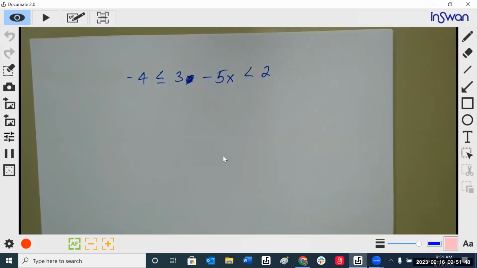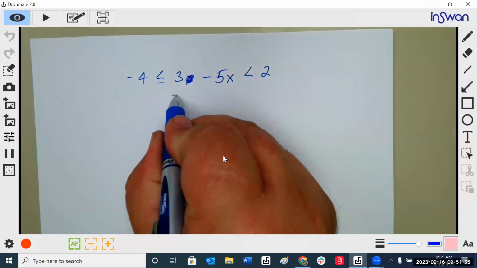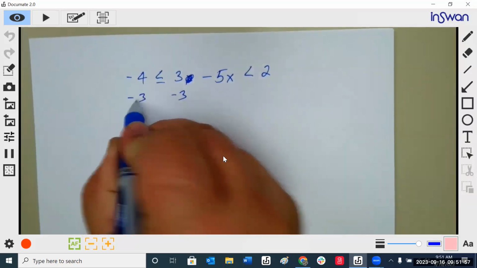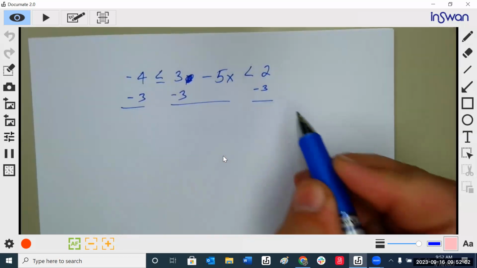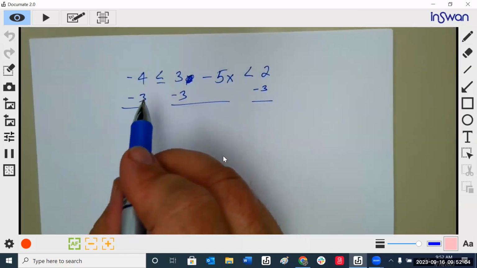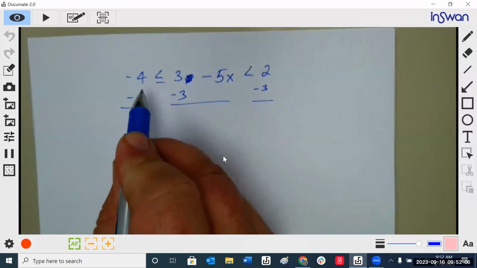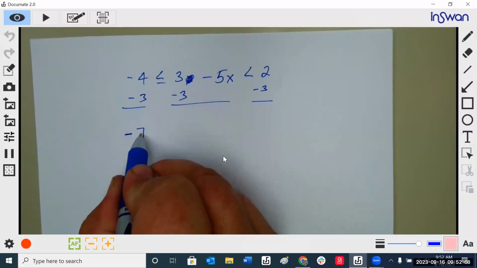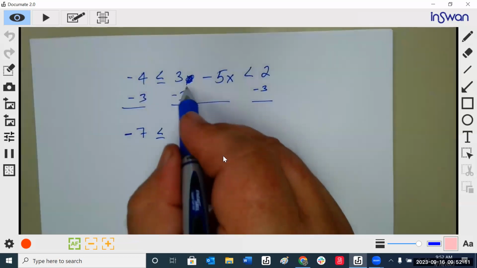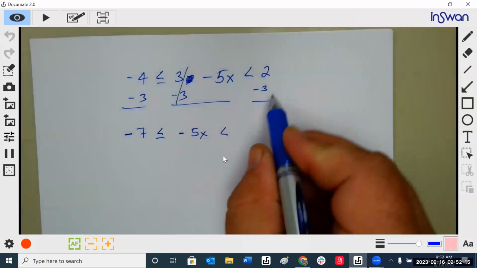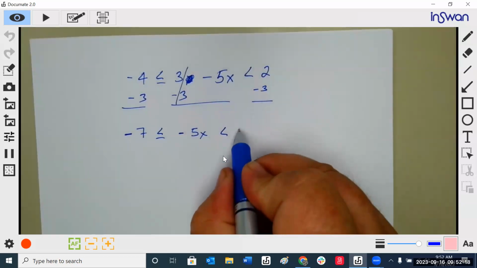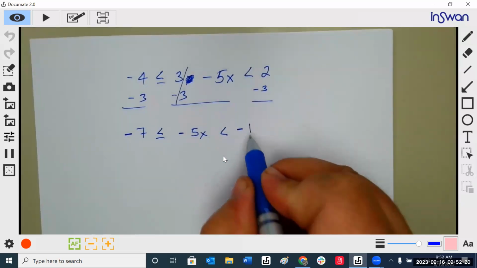So what's my first step? Minus 3 for all three sides. Negative 4 minus 3, they're both negative, so the answer is negative. So add numbers. 4 plus 3 is 7. Negative 5x. 2 minus 3, 3 is bigger, so the answer is negative. 3 minus 2 is 1.